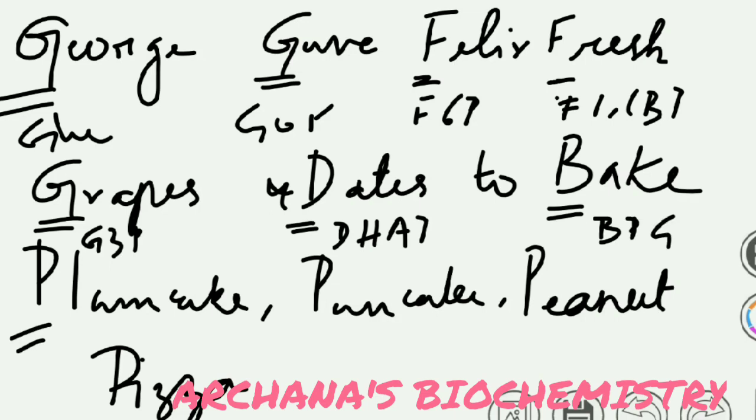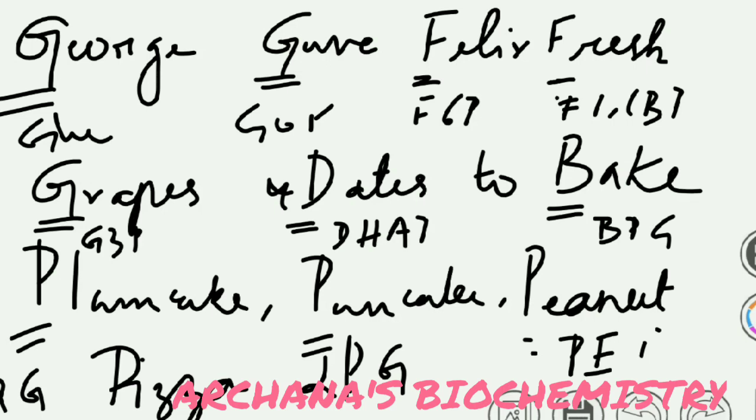P for 3-phosphoglycerate. Another P for 2-phosphoglycerate. Next P for phosphoenol pyruvate, so PE you can remember. And again next P for pyruvate. Okay. So George gave Felix fresh grapes and dates to bake plum cake, pancake and peanut pizza.